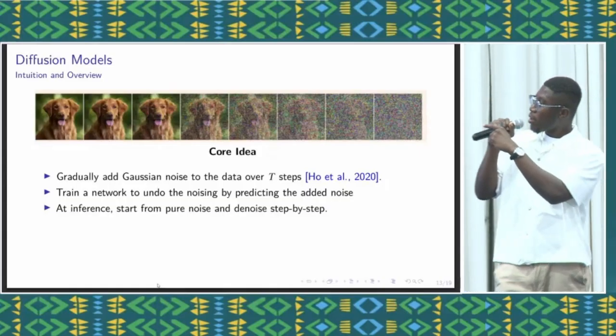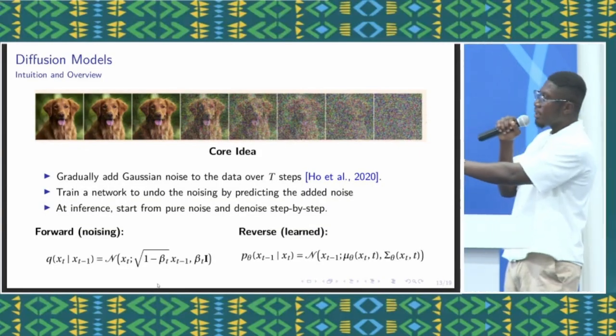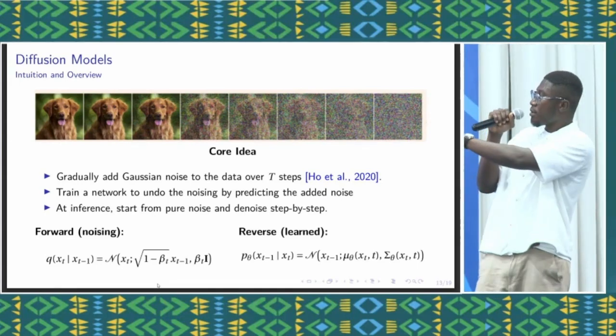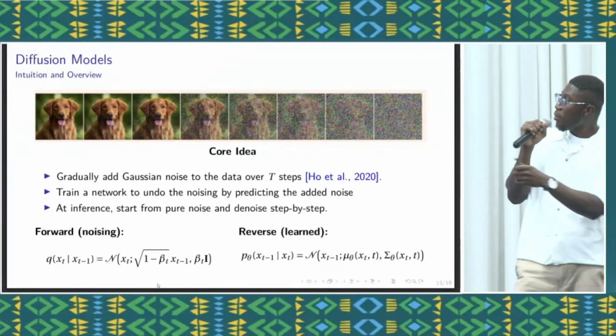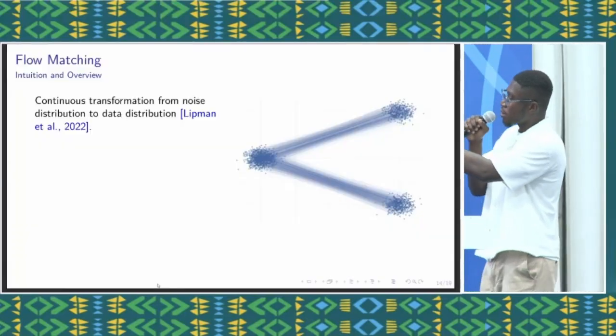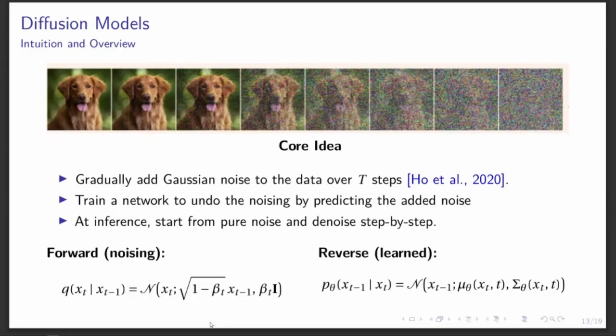Since we learn the reverse process to go from noisy to clear image, we can start from the noise, apply the reverse process, and come from noise to a clear image.